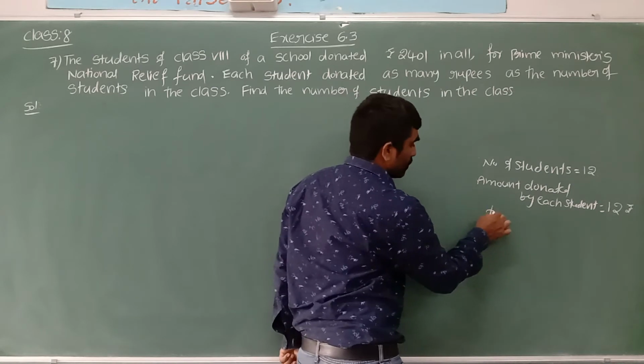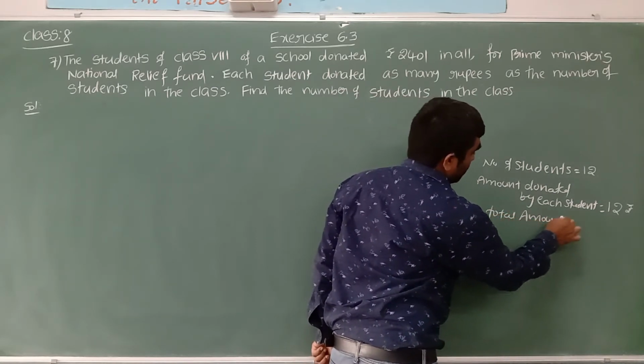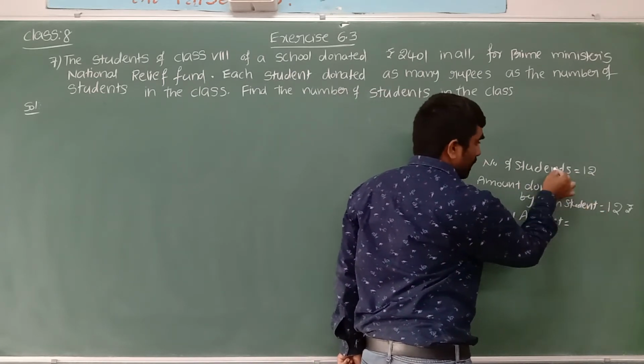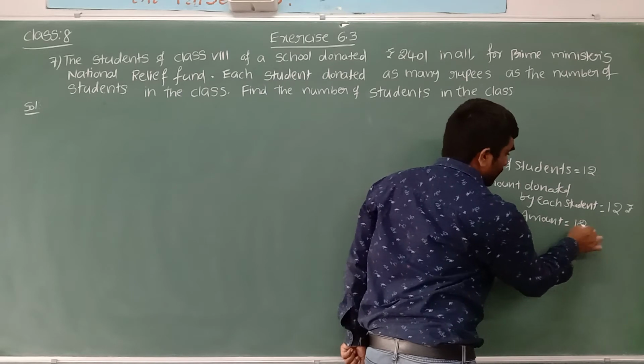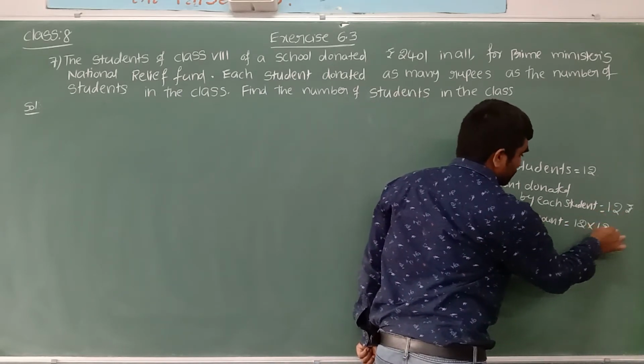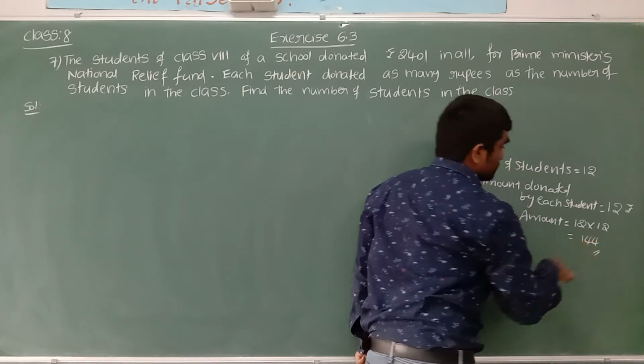Then tell me what is the total amount we collected? How can I find the total amount? Sir, we can find the total amount by multiplying the number of students by the amount donated by each student. So the amount collected is 12 times 12, which is 144.